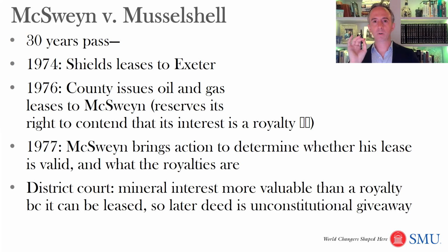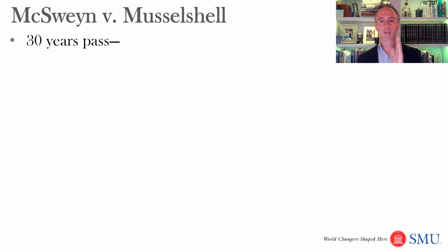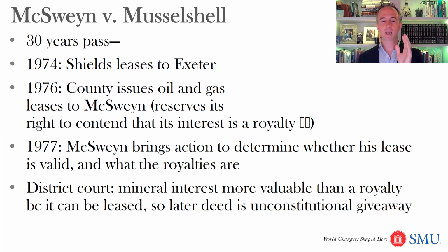And so the court says that the later deed that makes it sound like a royalty would be an unconstitutional giveaway, because basically the state has a rule that the government can't just give away its interest in return for nothing. And so the suggestion from 43 to 44, and I can go back and show you that, the suggestion that it turned from a mineral interest to a royalty interest would be unconstitutional, because that would be an unconstitutional giveaway. So therefore, it's still a mineral interest, and therefore the leases are valid.